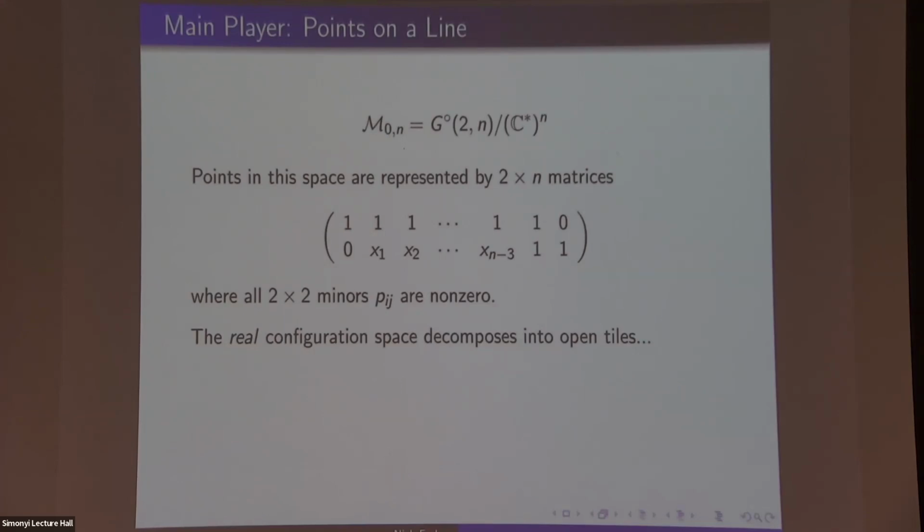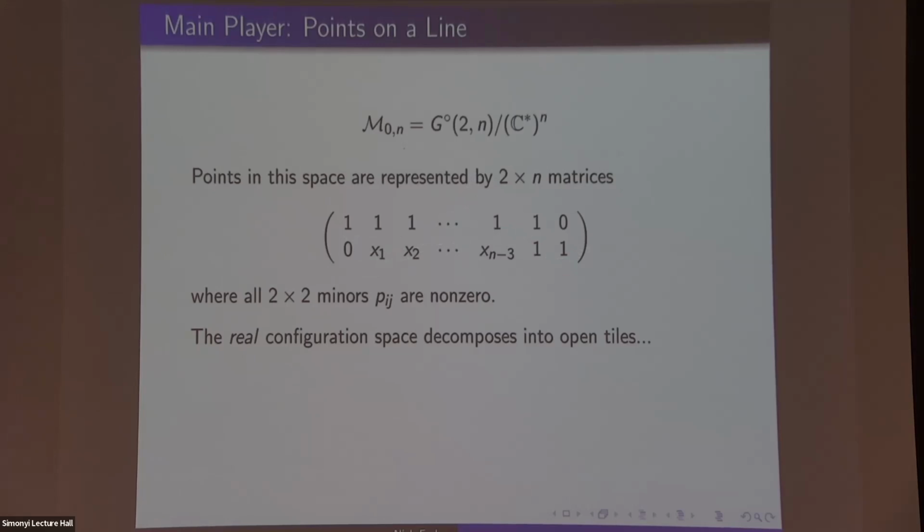So the main player in this talk is the moduli space M_{0,n}, which we just heard about. Over the complex numbers, points in the space can be represented by 2 by n matrices, such as this representation, which will be pretty standard for us. Fix 3 points, 0, 1, and infinity, and then you have n minus 3 degrees of freedom.